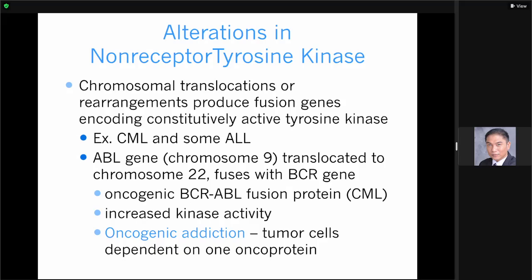So, example nito, in CML. So, in CML, ang sikat dito na pinag-uusapan is Philadelphia chromosome. Ano yung mga involved na genes? We have from chromosome 9, the ABL gene, and chromosome 22, na nandun ang BCR gene. So, BCR. So, paano ba nangyayari dito?